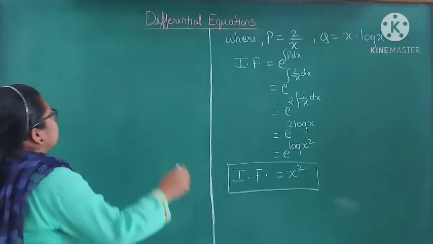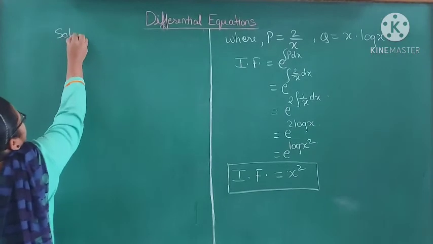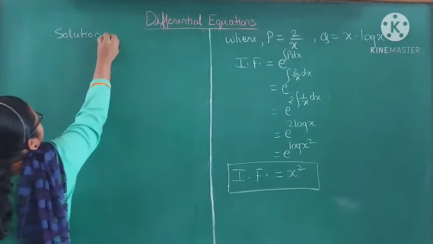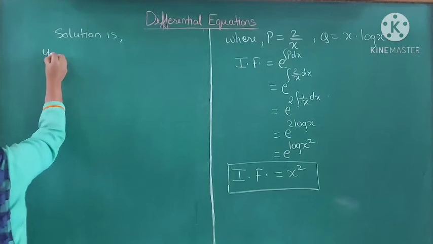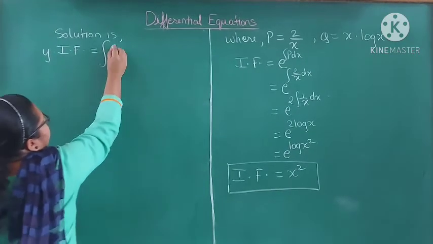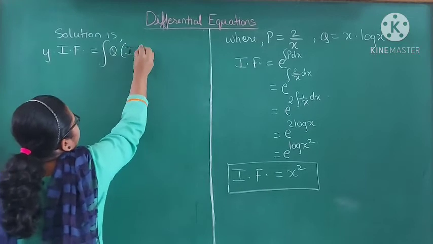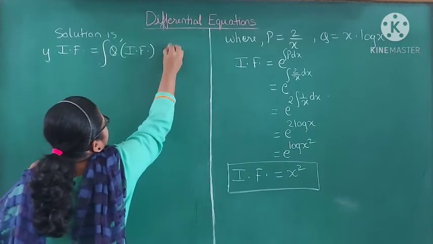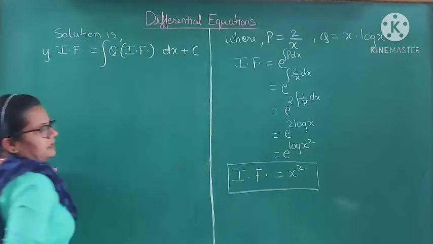Okay. After finding the integrating factor, what do we do? The solution. So what is the solution? The solution is y into the integrating factor is equal to the integration of q into the integrating factor dx plus c.